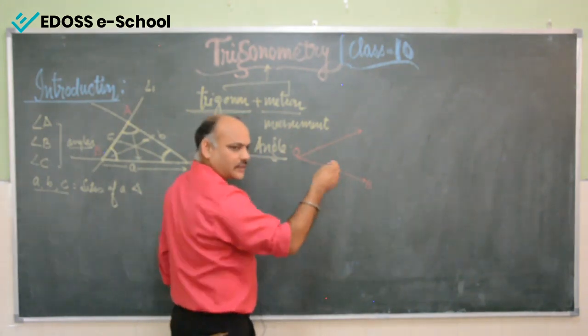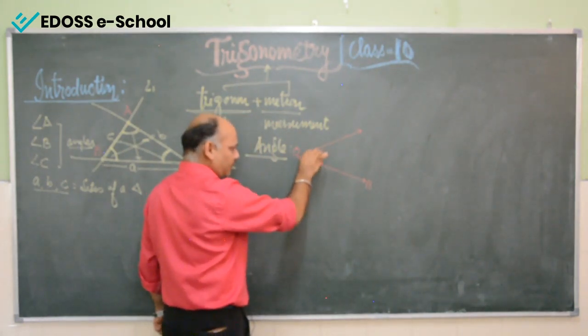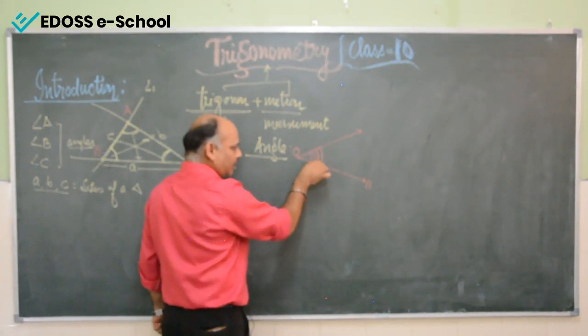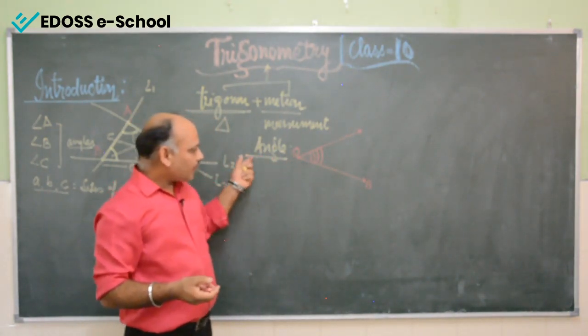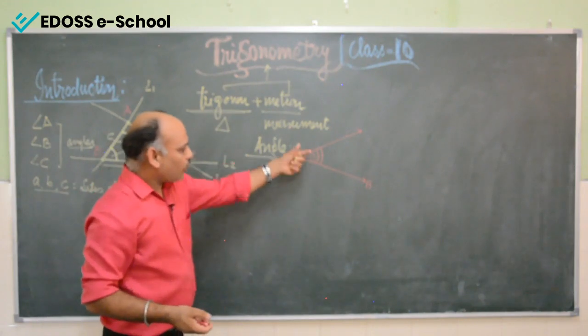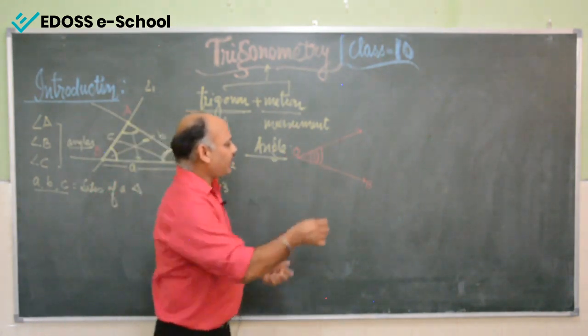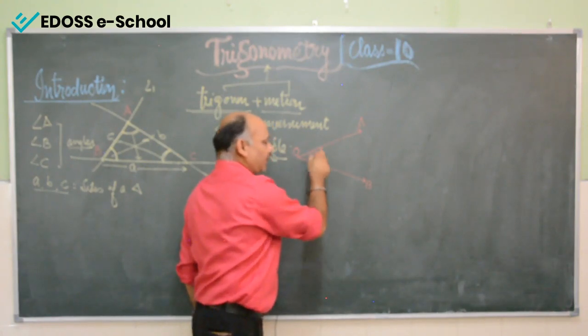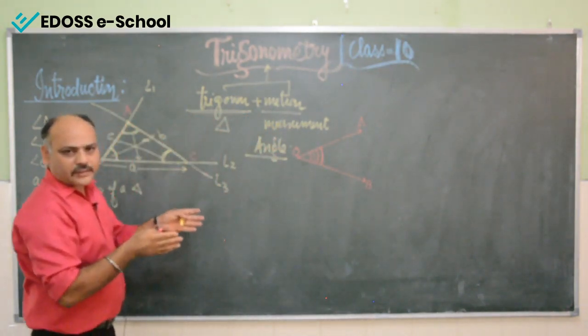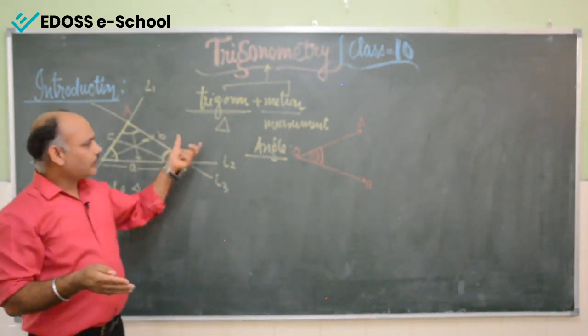This circular region is defined as an angle. Now the relation between this angle and the sides OA and OB is the total study of trigonometry.